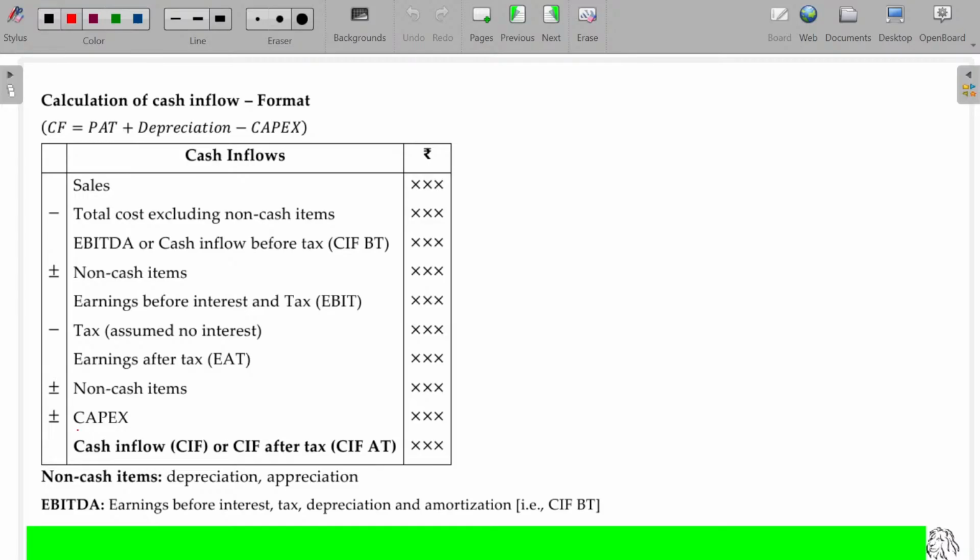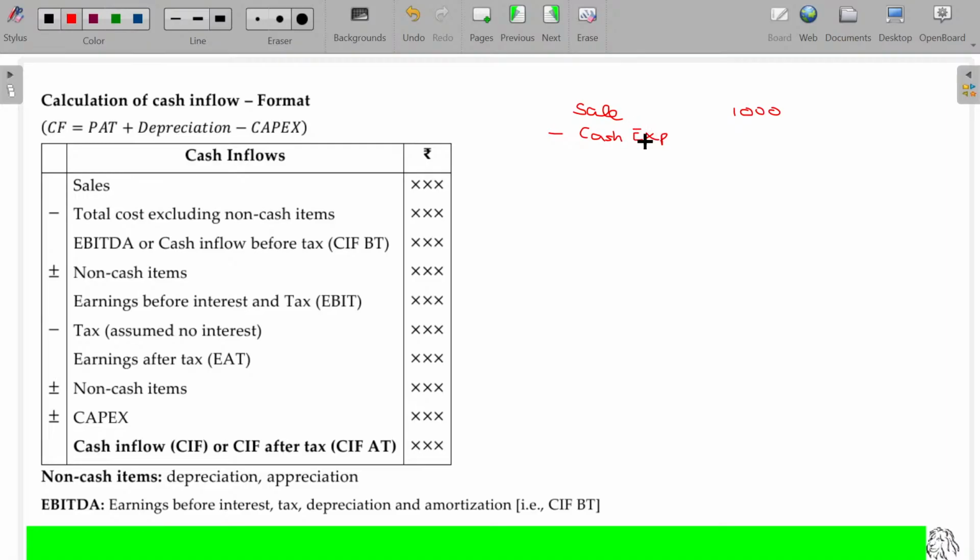Capex. From the sales, the format I have given here, I am going to follow that simply. If you make sales of rupees 1,000, you may incur some cash expenses.